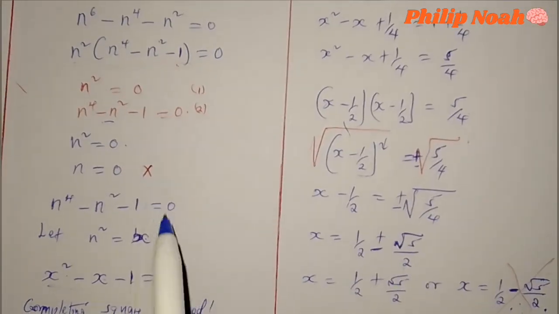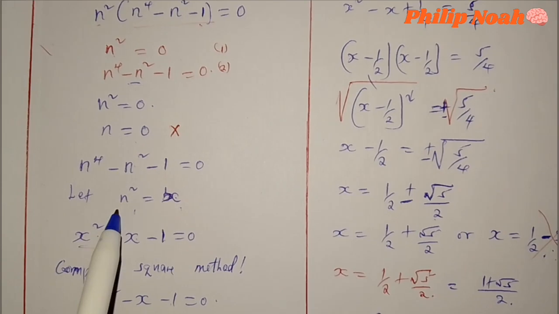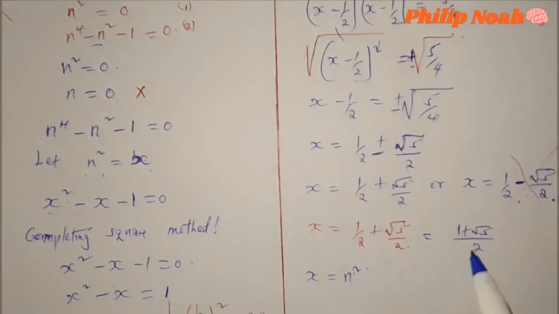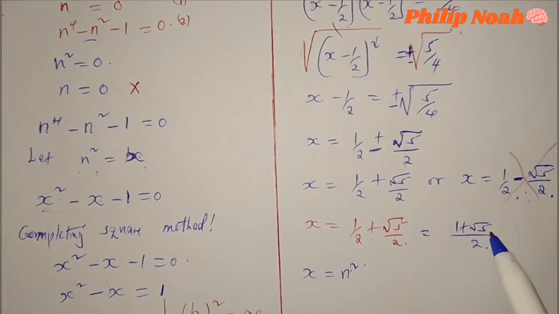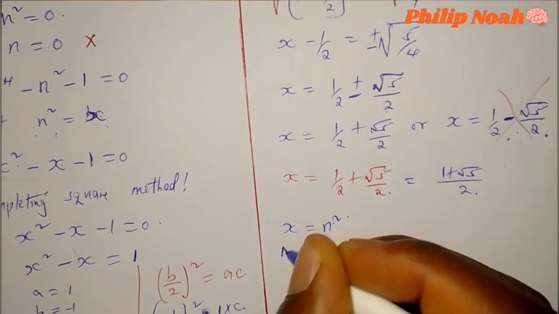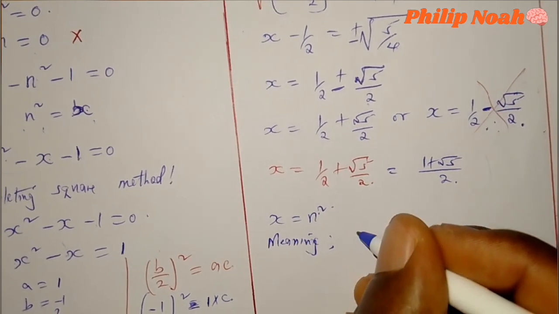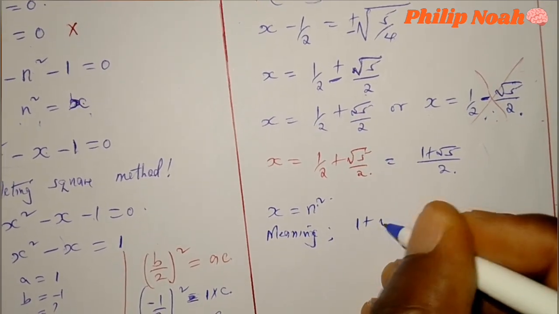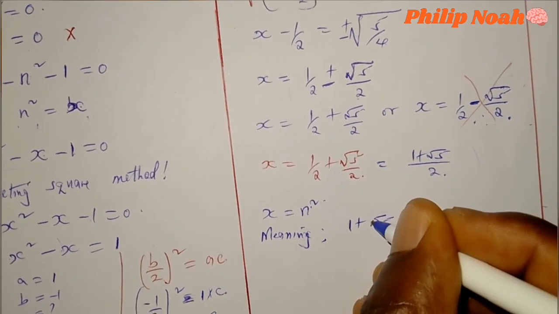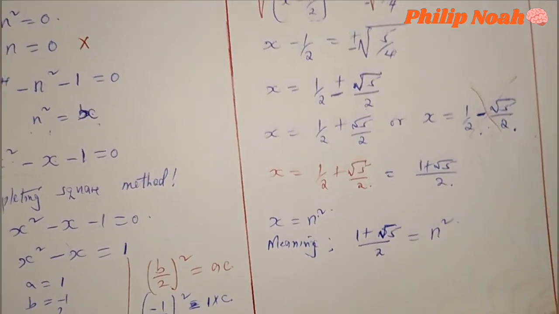Remember this one, I said it somewhere here that x is equal to n squared, meaning that this 1 plus root 5 over 2 is equal to n squared.